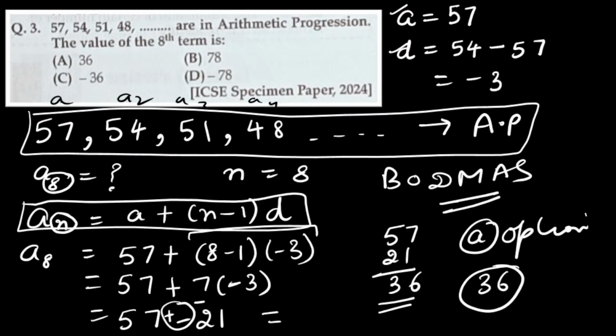Are you all getting 36 as the answer, or anyone getting 78? Yes, 36 is the correct answer, I think. Okay, it's 36. Just see, Sushil, where you went wrong. Just check your calculations. Let's do the next question.